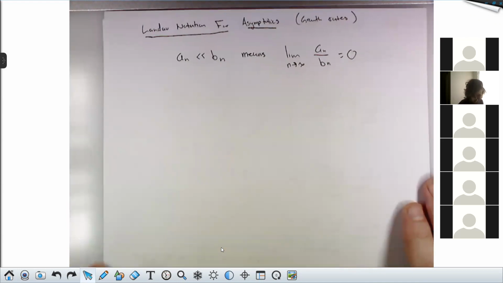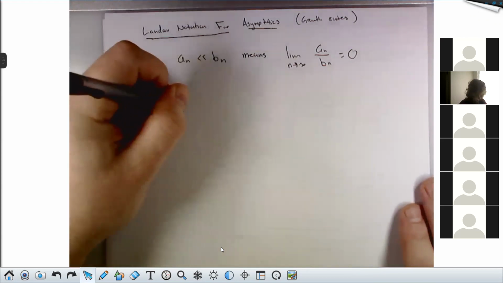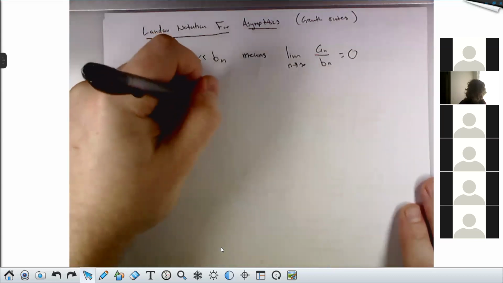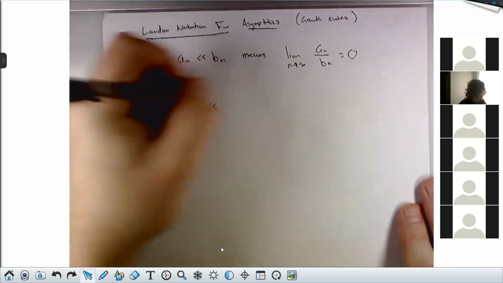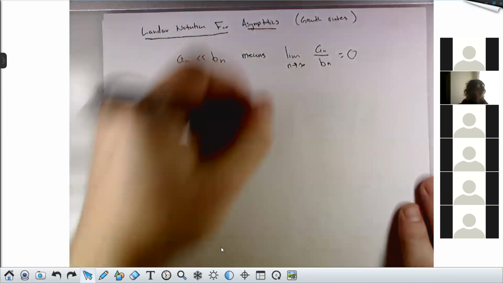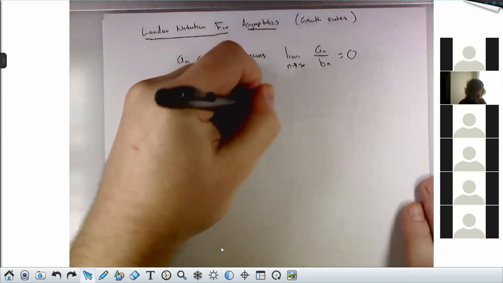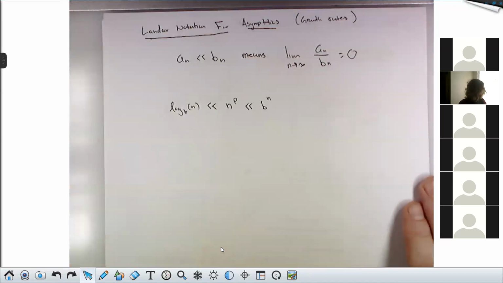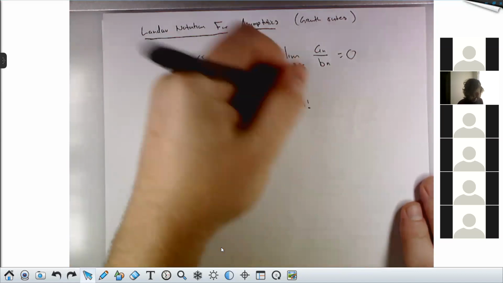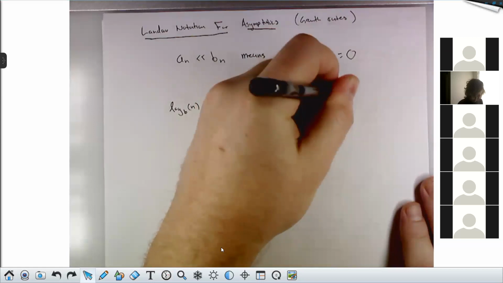All right, here's the result. Regardless of the base, the logarithm is less than any positive power of n, which is less than any geometric or exponential, which is less than the factorial, which is less than the kind of hyper-exponential.